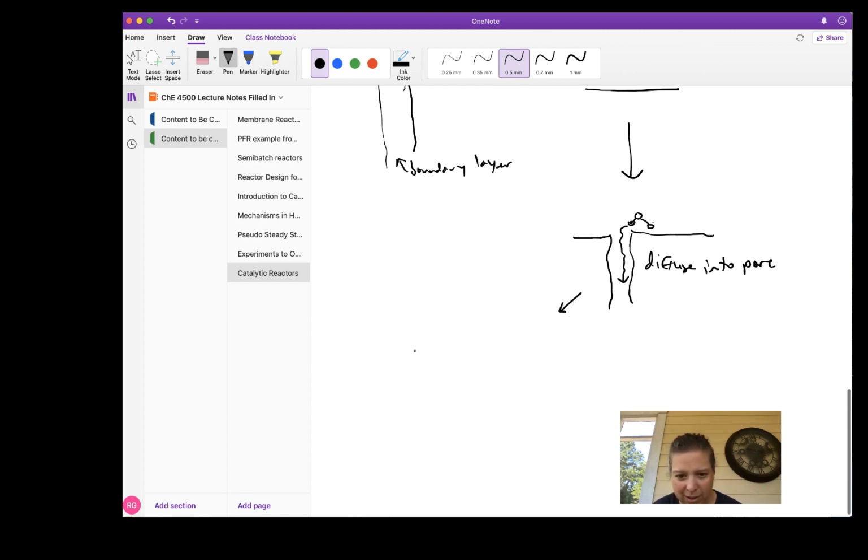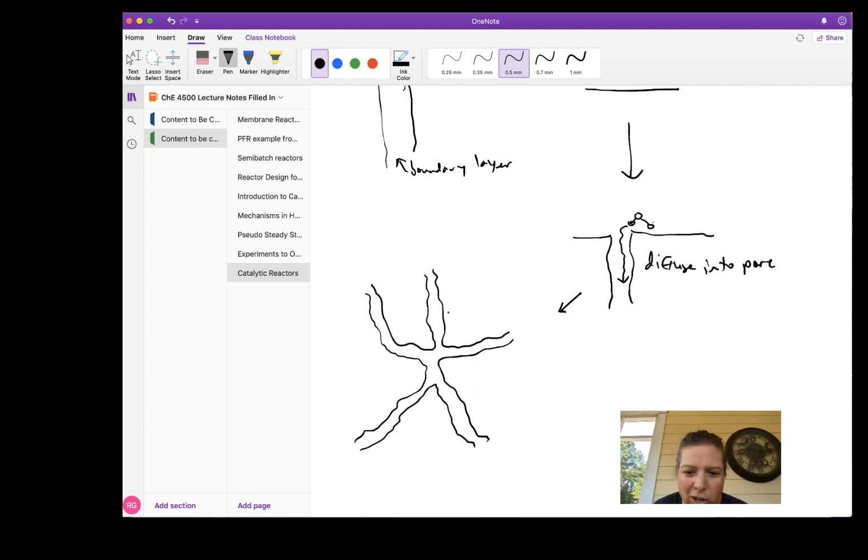So I have these channels. Of course, there's catalyst along here somewhere, so we can kind of draw where that is. And there's probably more than what I'm drawing, I'm just doing it for illustrative purposes. So we have to diffuse until we find a catalyst. It's got to diffuse to the catalyst.